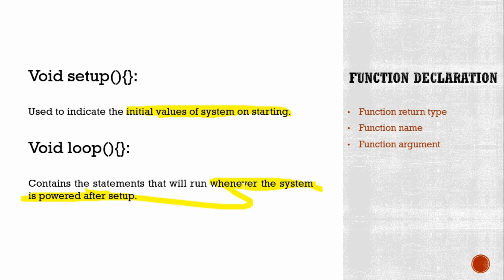For example, as in the blink example you have seen, we were turning the LED on and off, and because of the loop function it was showing a repeated pattern of LED blink. So like this we can do, and these are the functionalities of void setup and void loop.